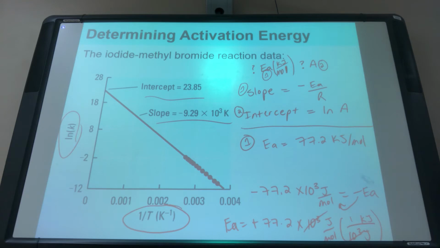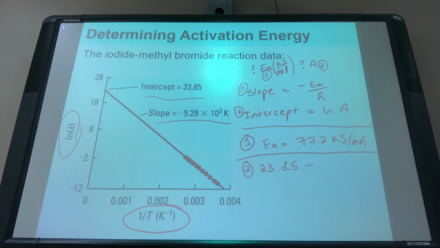All right. The next part is to find the frequency factor. That's my A. And we know that the intercept is equal to ln of A. So if my intercept is 23.85, and that's equal to ln of A, we have to get rid of this ln. We can't just divide by ln.